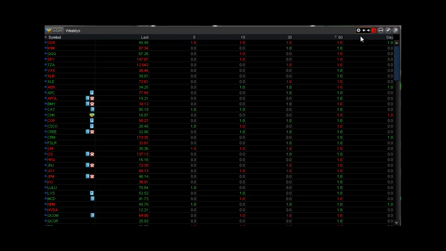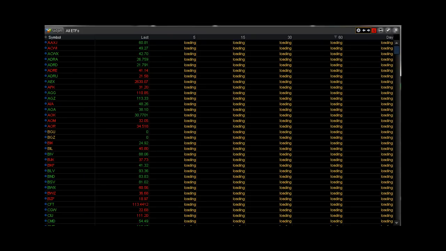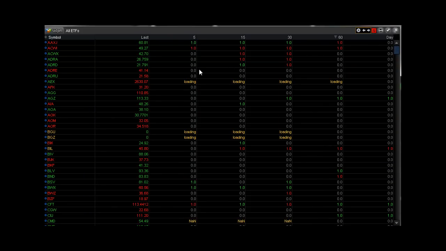Now this is on our Thinkorswim platform. We use this platform because we have this modeled with what is called ThinkScript. So I can go in here to public, and I can go down to all ETFs. Now I'm loading here right now. And here it pops up. AAXJ is in a 5-minute squeeze, a 15, a 30, a 60.